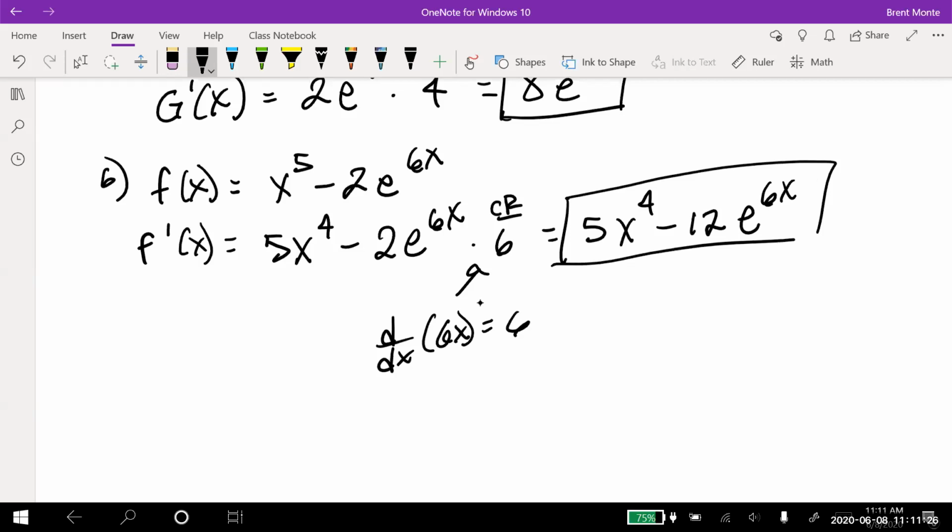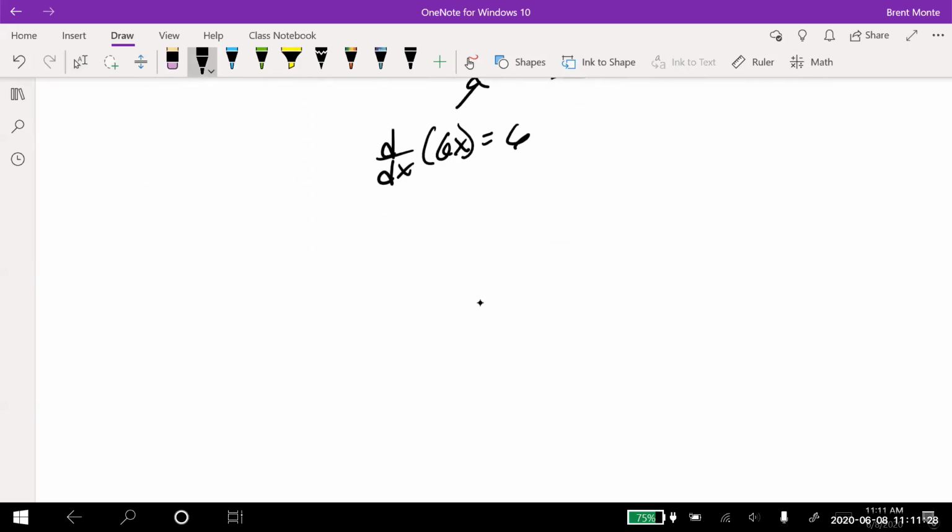All right, so here's problem 8. F of x equals x to the 7th times e to the 4x. Now, on this problem, notice it looks fairly simple, but there's really multiplication right there. There's x's in both pieces. We have to use the product rule.